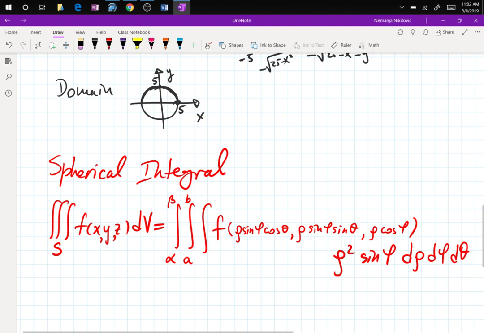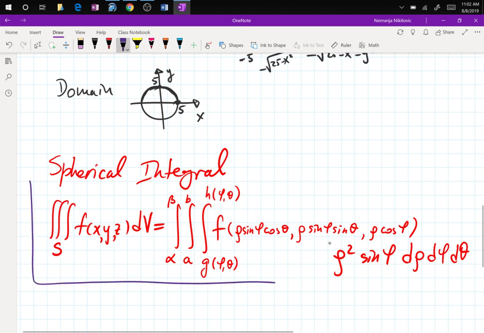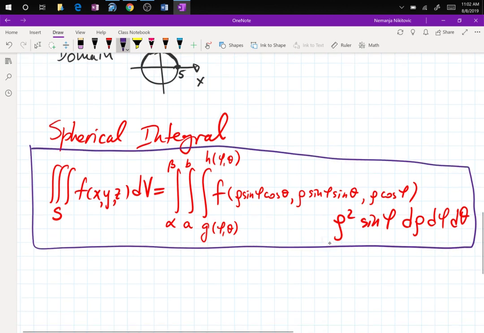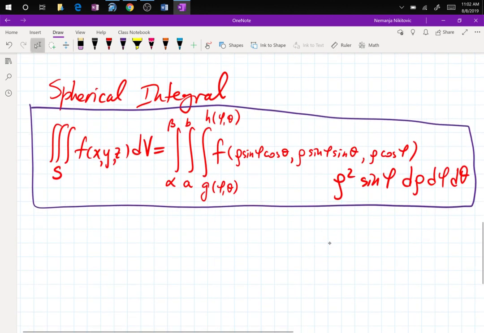And finally, we have functions g of phi and theta and h of phi and theta. Now, this looks really intimidating, I understand. But as it usually goes, if you think about it a little bit, it makes sense.